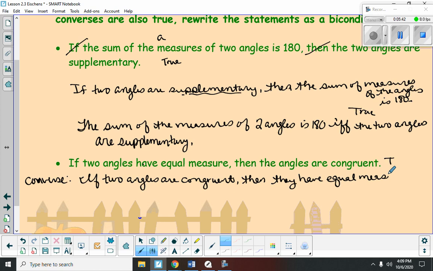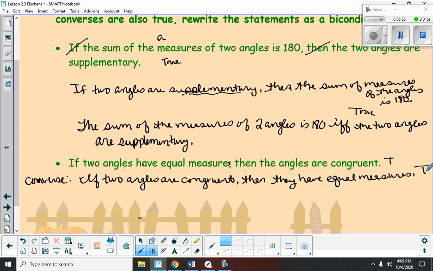That should be measures right here. That's a typo. All right, if two angles are congruent, then they have equal measures. That's also true, which means we can write it as a biconditional.